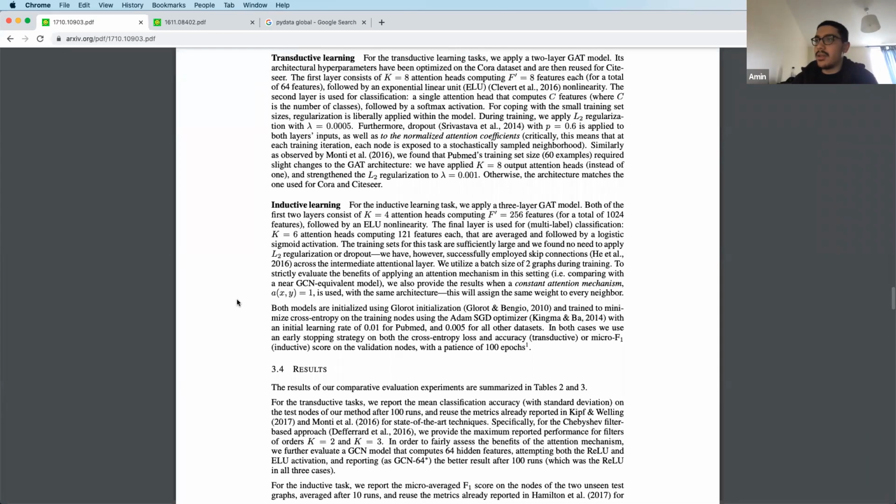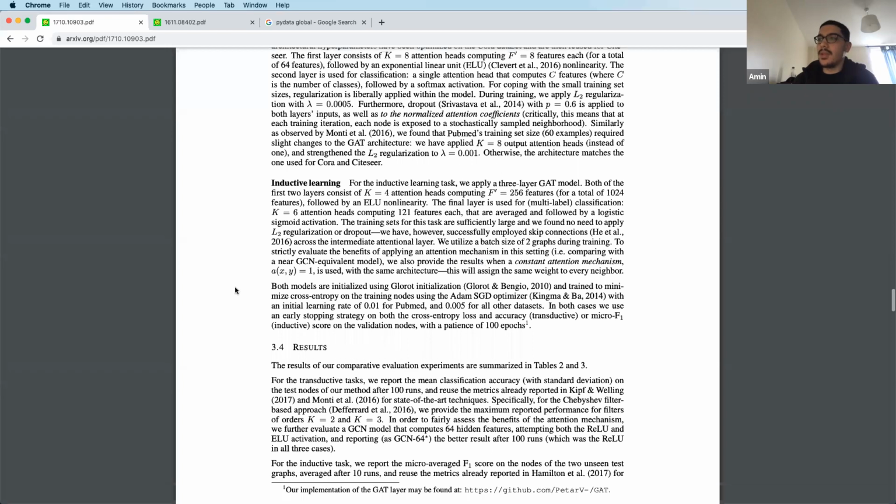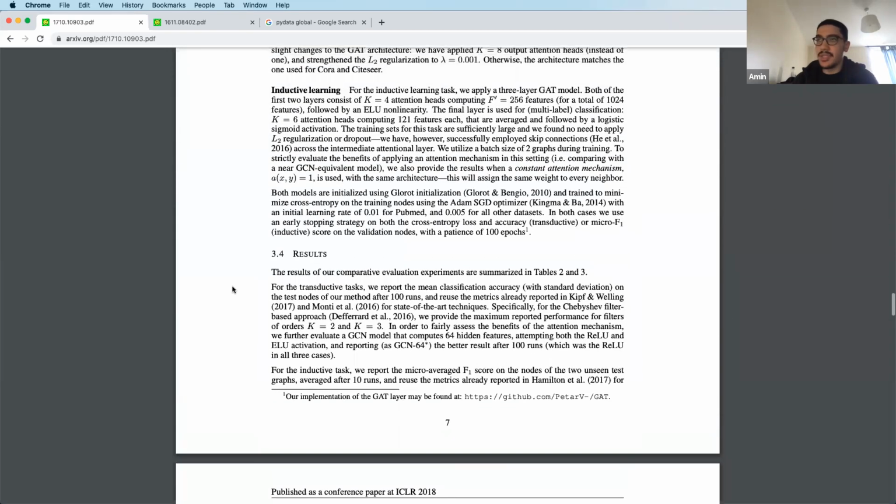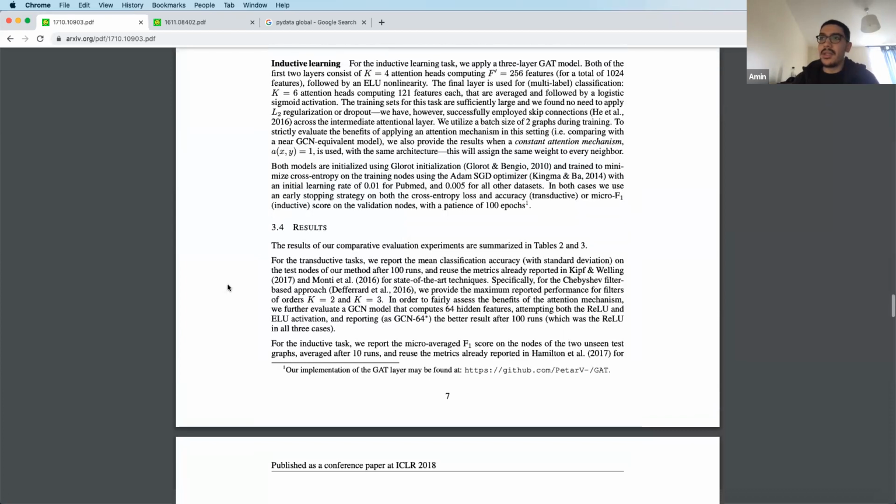And I think there's also another point about as a benchmark for the inductive case, they test against the same model, but where the attention weights are just set to 1. And so this kind of mimics a model which doesn't assign importances to neighbors.